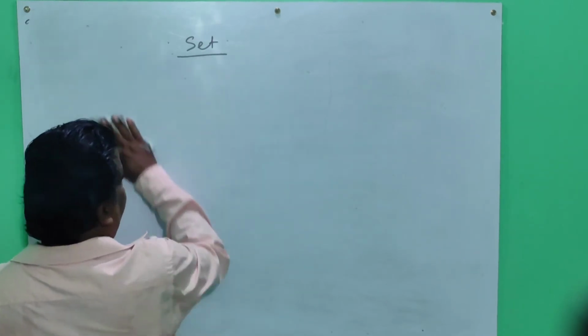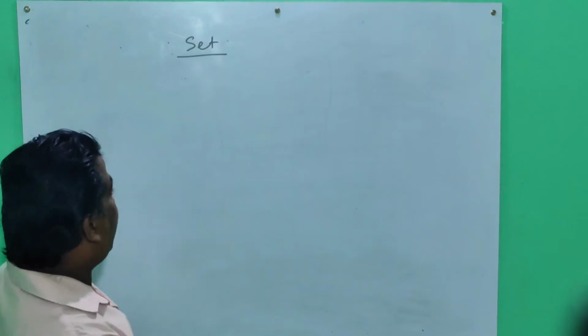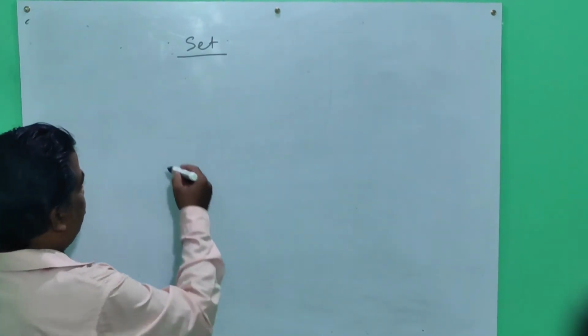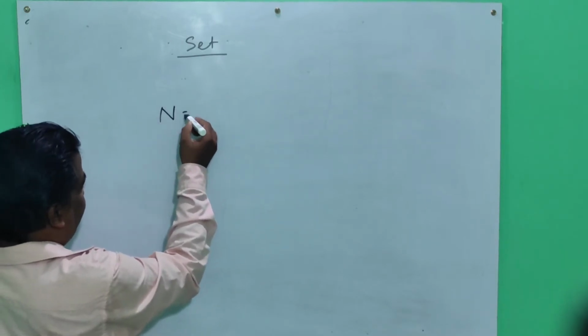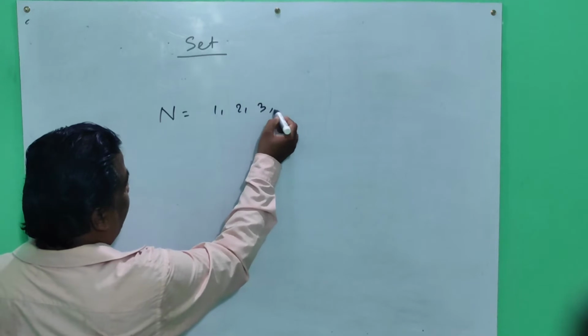In a set, the elements are written with small letters, and the name of a set is always a capital letter. So we take N as the set of natural numbers 1, 2, 3, 4.